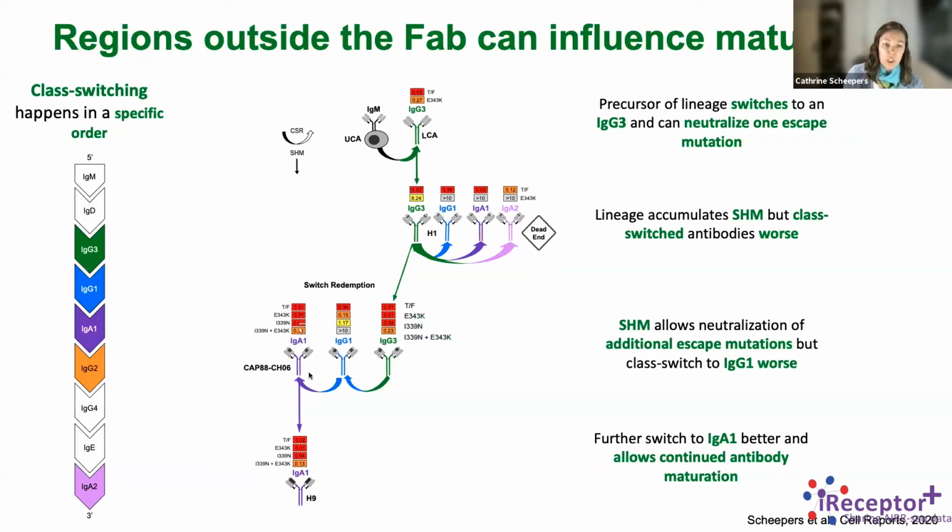The class switch to an IgA1 then enabled this lineage to continue to mature, accumulate somatic hypermutation, and neutralize circulating variants. So this really challenged the dogma that, up until this point, it was always assumed that it was just the Fab portion that contributed towards antibody maturation. We're able to show that isotype can also contribute towards this.